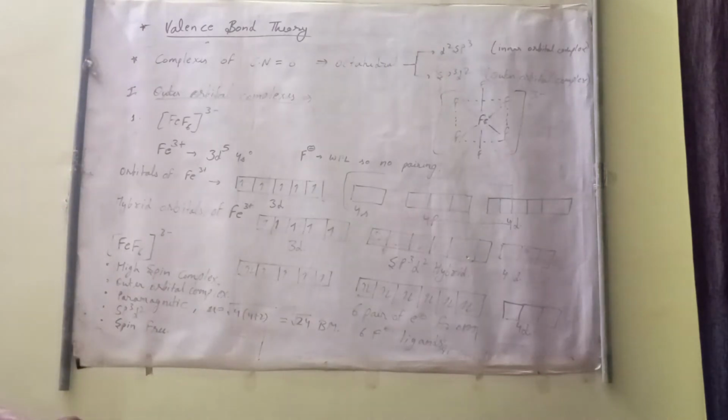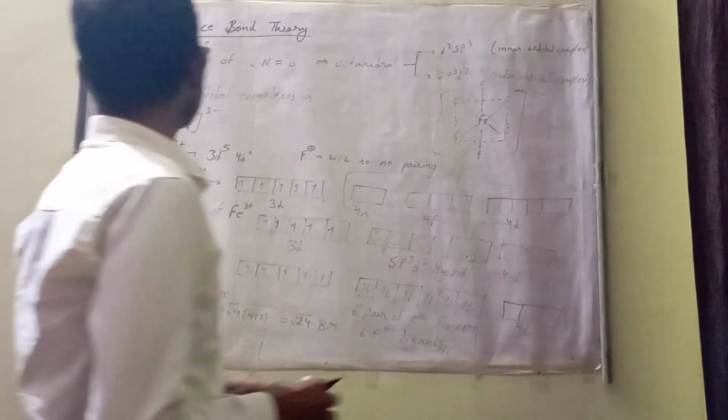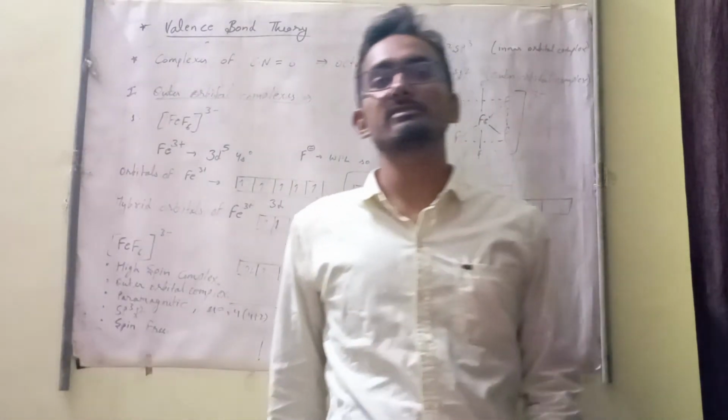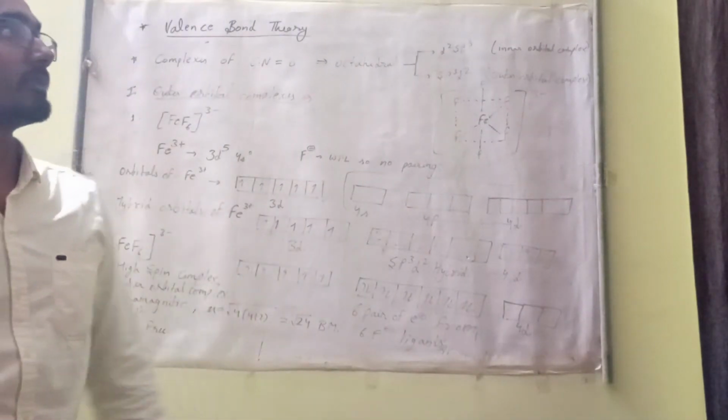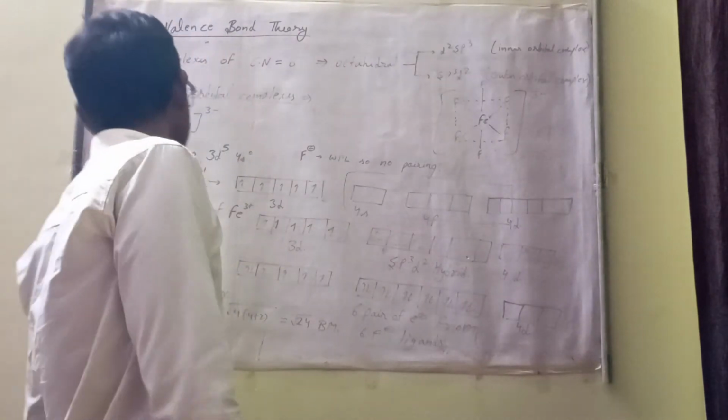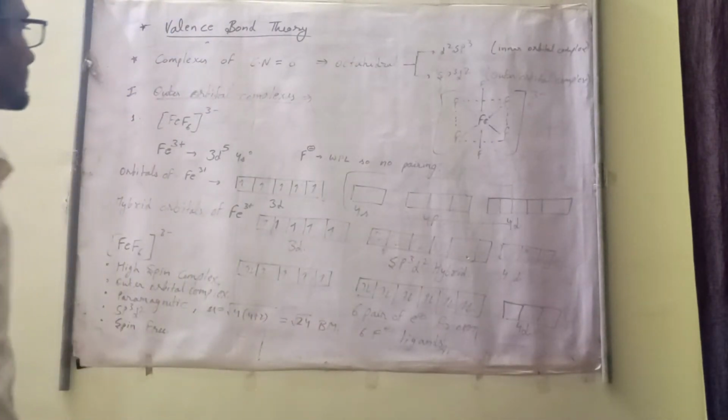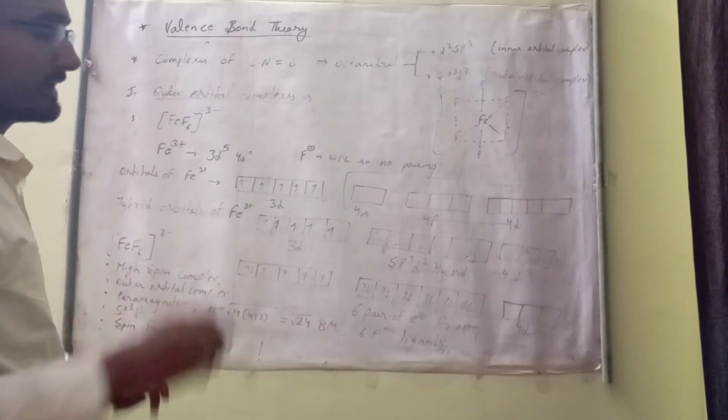Now taking examples of inner orbital complexes. One of the examples is Fe(CN)6 3 minus, Fe(CN)6 4 minus.